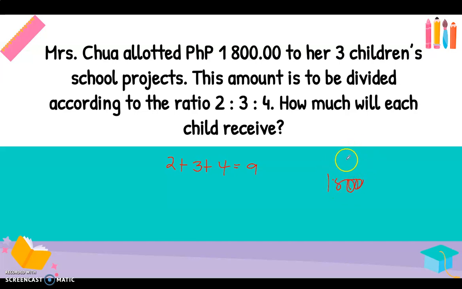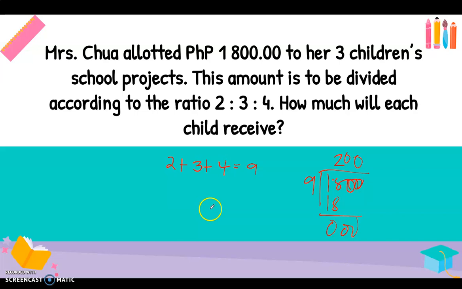The total amount allotted by Mrs. Chua is 1,800, so we need to divide it by 9. And the answer is 18, 0, 2 more zeros, so you may add 2 zeros here. Now, the answer for each term is 200.